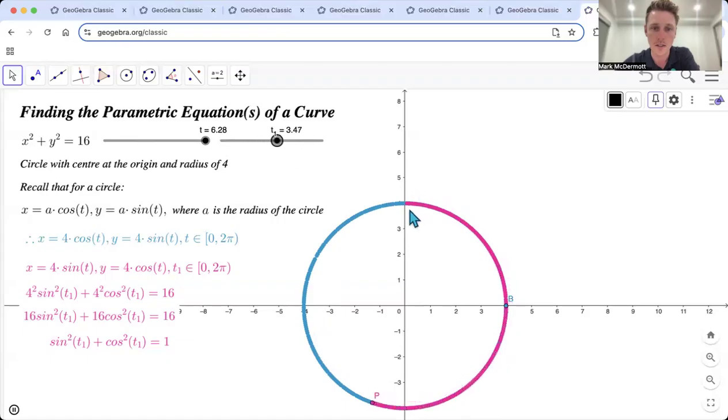It starts at t being 0, but because the x value is 4 sin t, that starts it up here at (0, 4) rather than at (4, 0). And it travels in the opposite direction. So you can see that point P travels clockwise, whereas B traveled anti-clockwise, but they both sketch out the same curve.